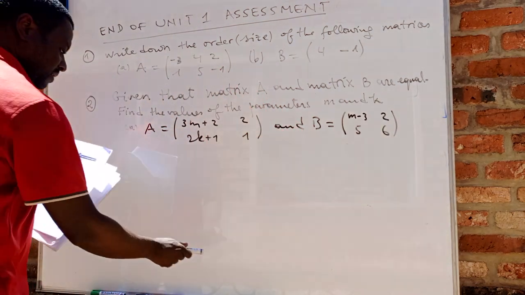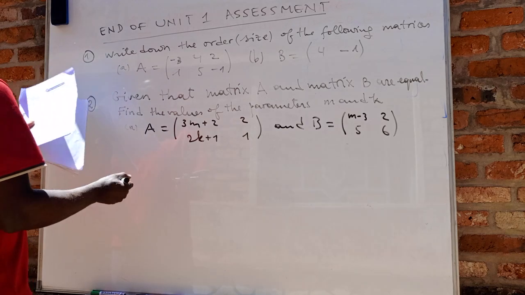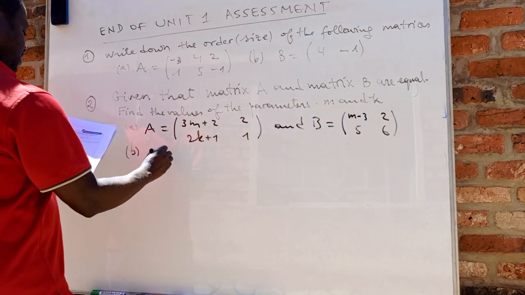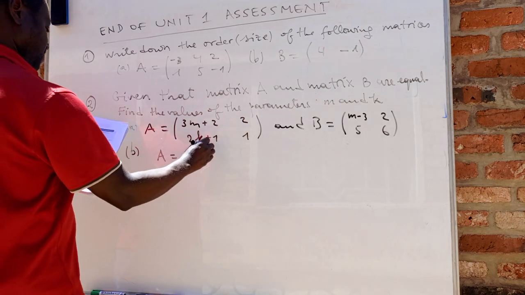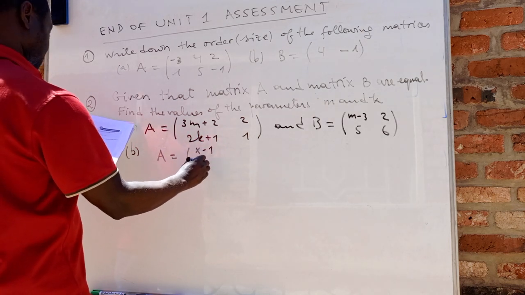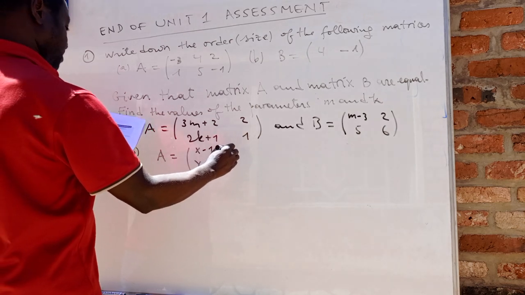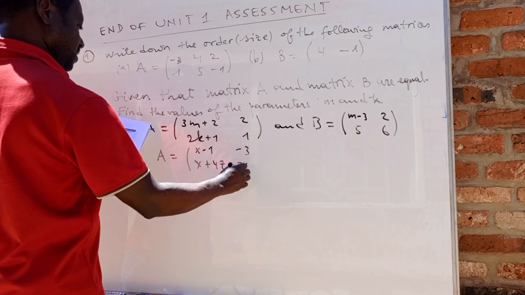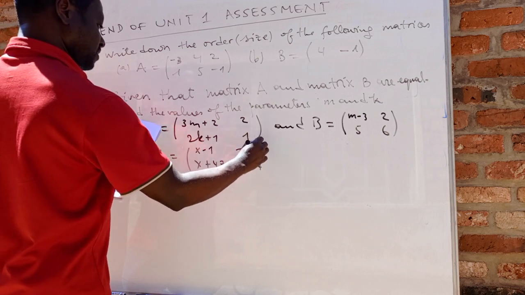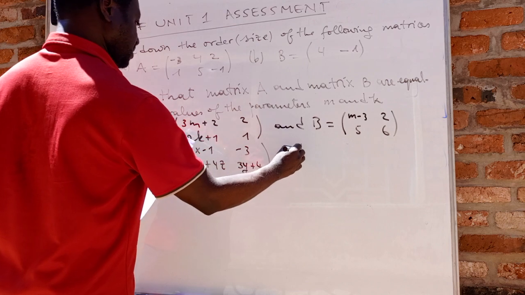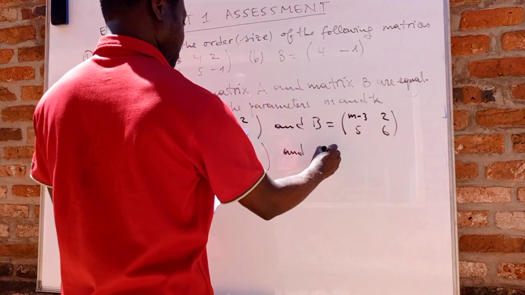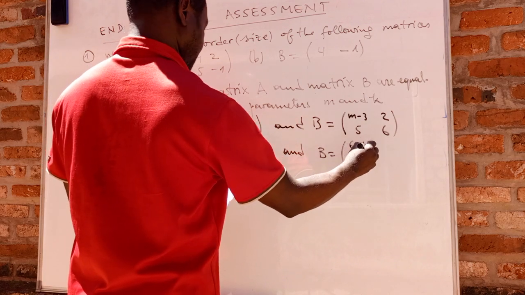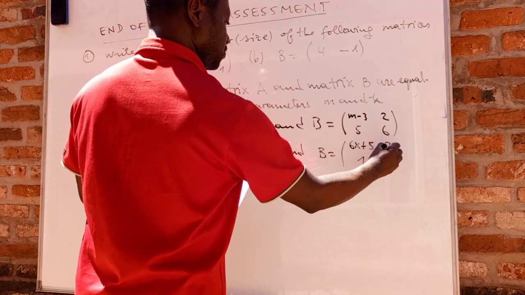So these two matrices are equal. And in B, we have A is equal to x minus 1, x plus 4z, and negative 3, second column, 3y plus 4. The second matrix, which is B, a 2 by 2 matrix: 6x plus 5, 1, 2, 1.